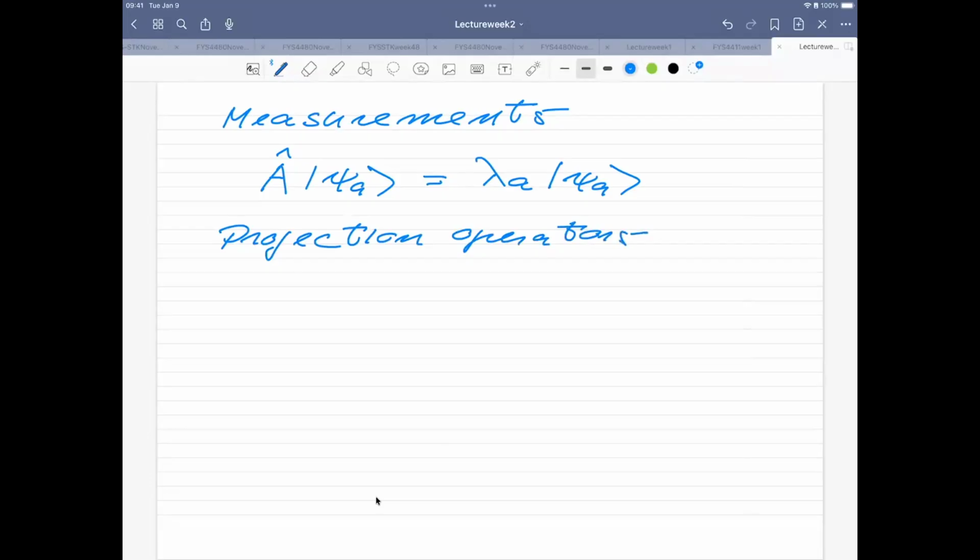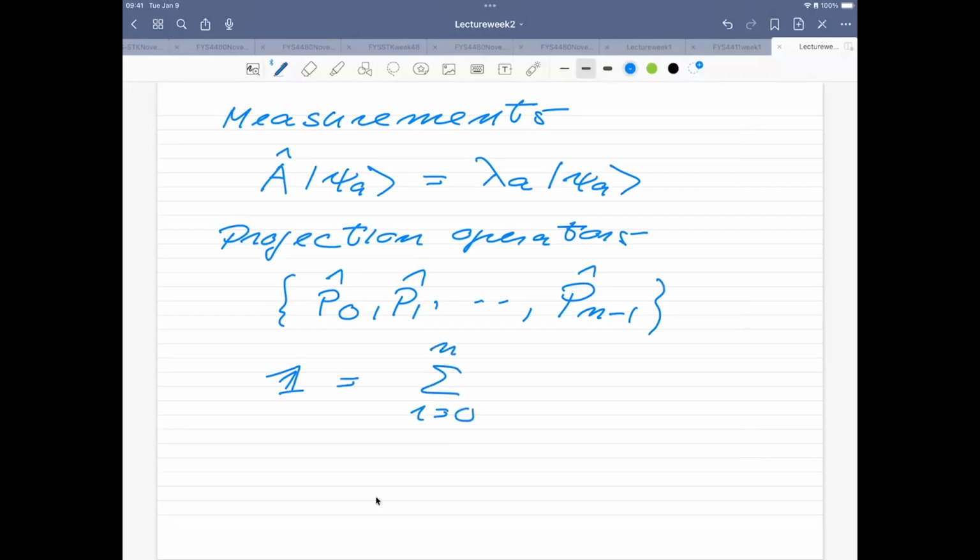And in this case here, we could now have a set of projection operators, which are called P0, P1, etc., up to a final one, P of n minus 1. And we know that the sum of these different projection operators gives us the final completeness relation. So this is P of i.